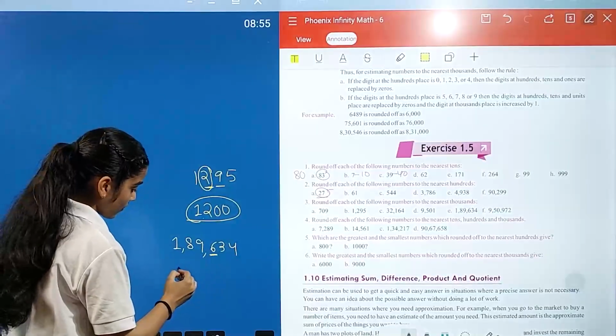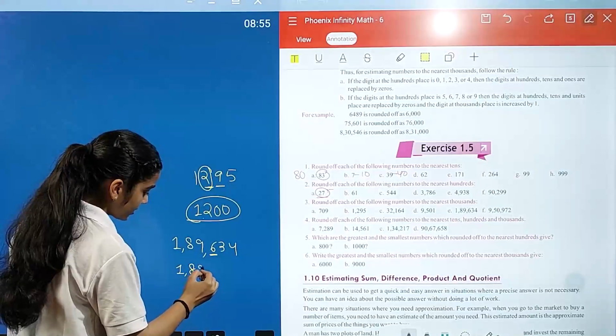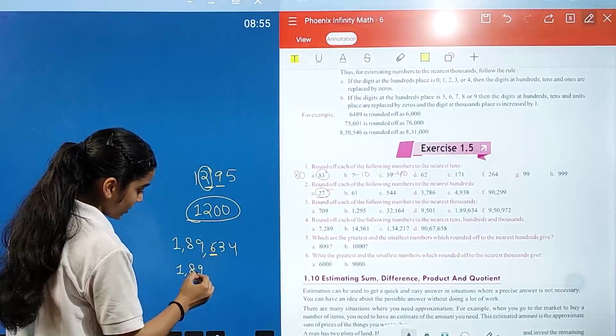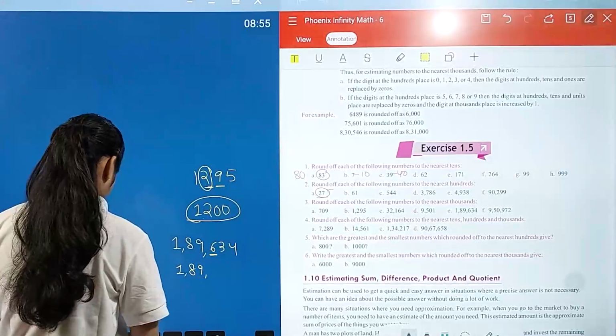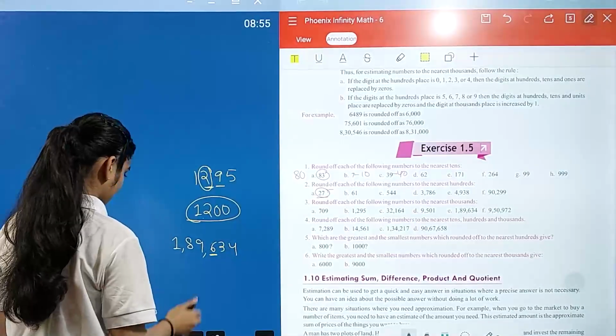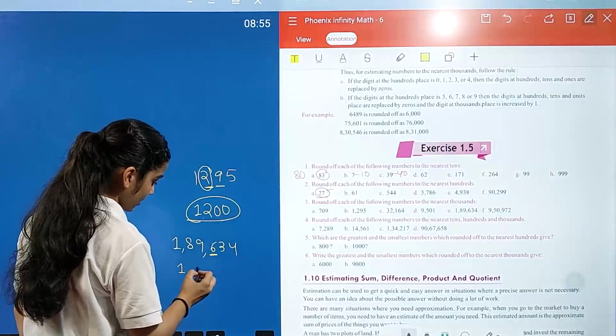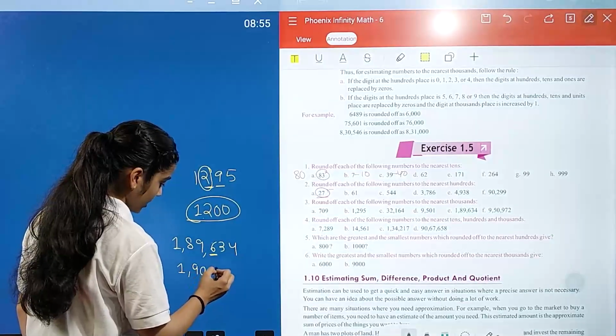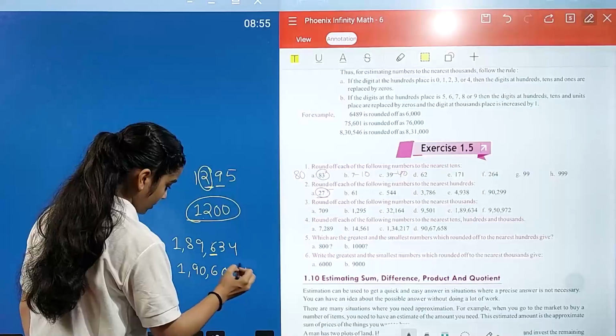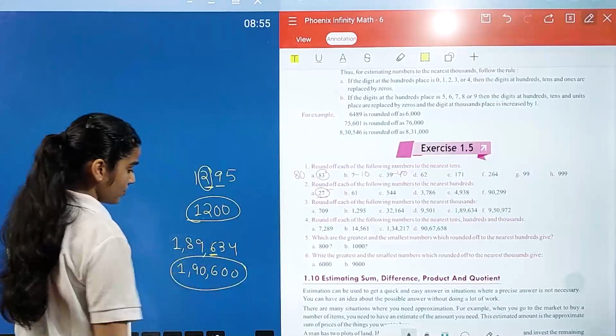So 1, 8, 9, wait. 1 lakh, 1 is increased, so it means 10 and it will be converted to 9600. This is your estimation.